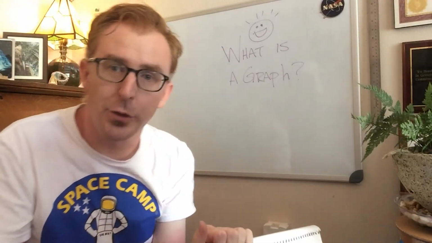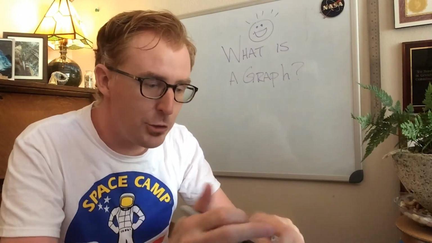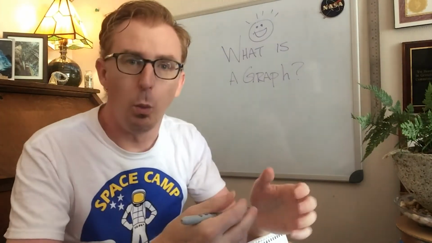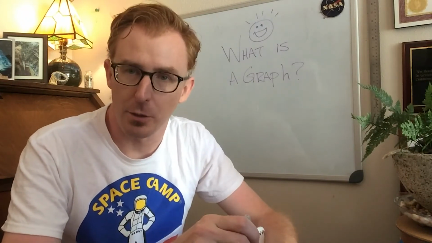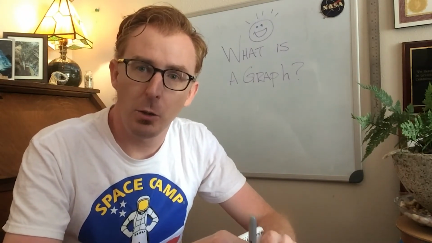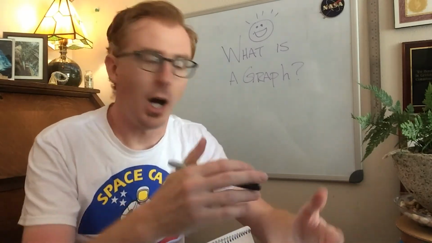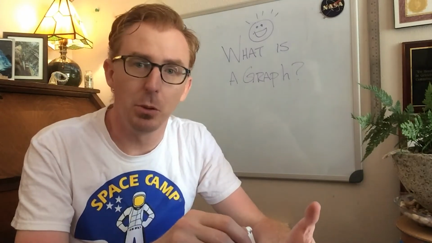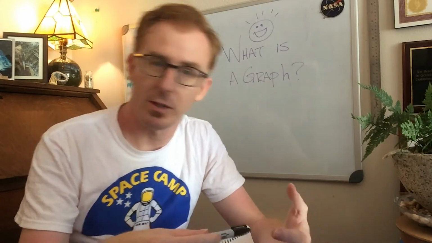We're going to go over those in more detail with videos to come, but now that we've gone over what is a graph, some of the major types of graphs and what makes up a graph, I want you to go out and discover graphs out in the world, whether it's on the television, in books, and news media. Look at these graphs and see what they have in common.